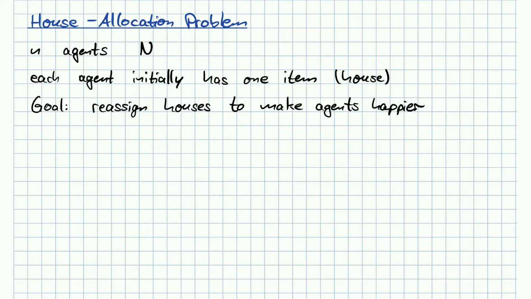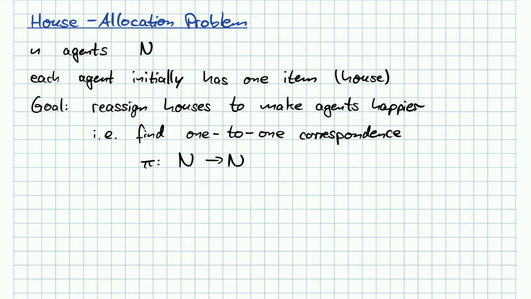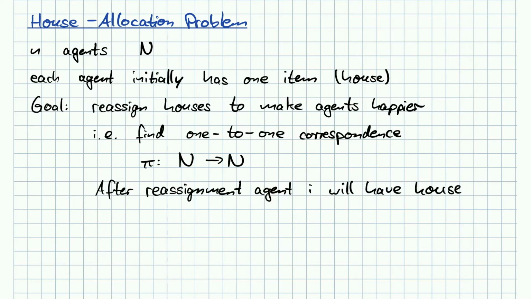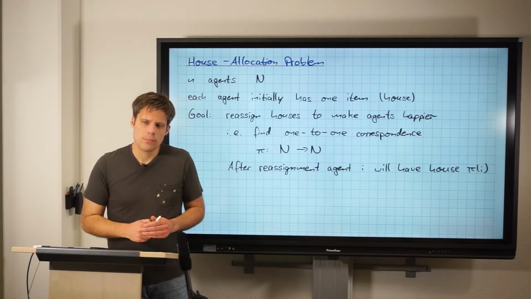Which means we want to find a one-to-one correspondence pi, which will just be a mapping from N to N, which means that after reassignment, agent i will have house pi(i).